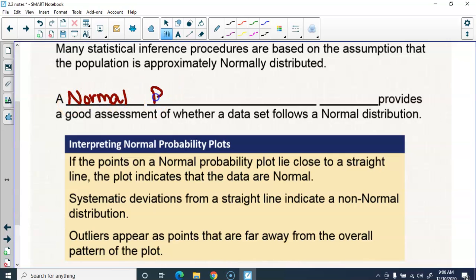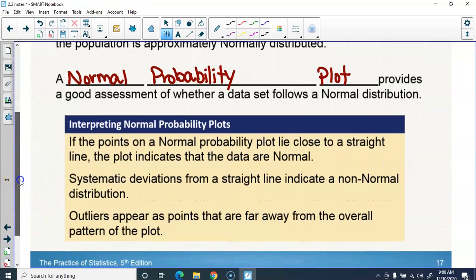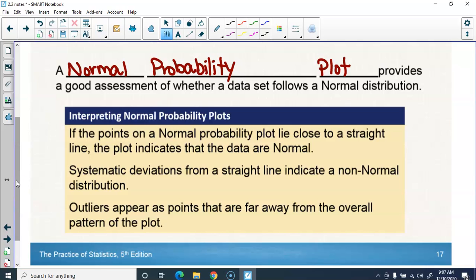So we use something called a normal probability plot, and it provides a good assessment on whether a data set is normal or not. If the points on a normal probability plot lie close to a straight line, then it indicates that the data are normal. Systematic deviations from a straight line indicate non-normal distribution, and outliers look like they are far away from the overall pattern.